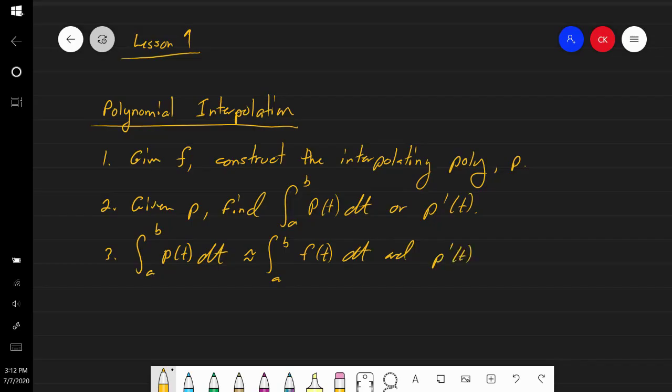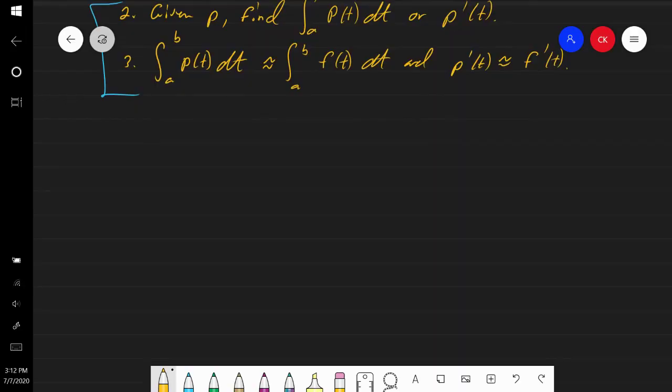And p prime of t then becomes an approximation for f prime of t. So these are some things that we can do with it. Clearly, parts 2 and 3 we can handle. It's part number 1 that's new, actually creating the interpolating polynomial. So let's see how we can do that. And this is easily done by example.